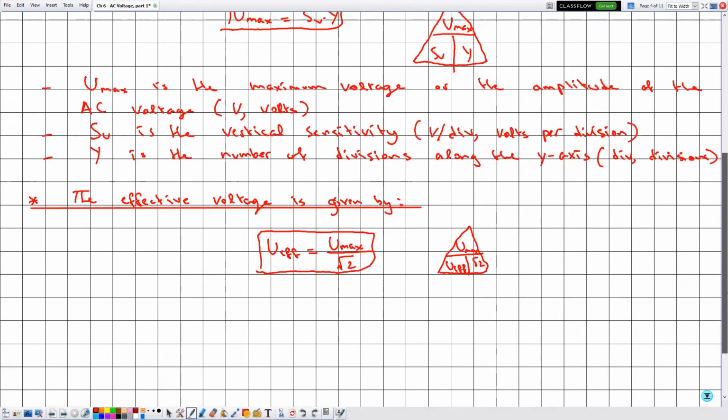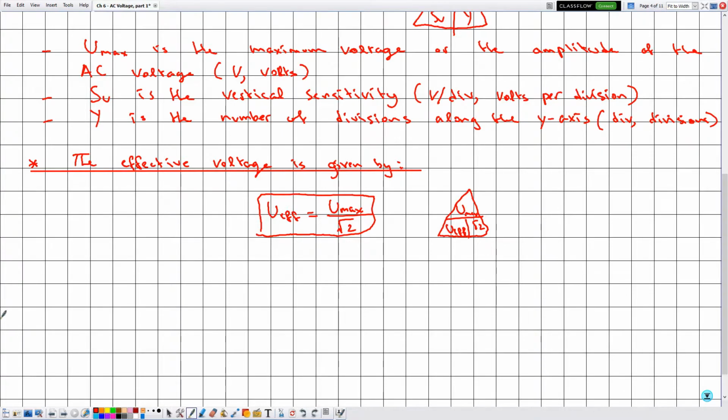And let me define what each quantity represents. U effective is the effective voltage of the AC voltage, and its SI unit is given by capital V, which stands for volts.